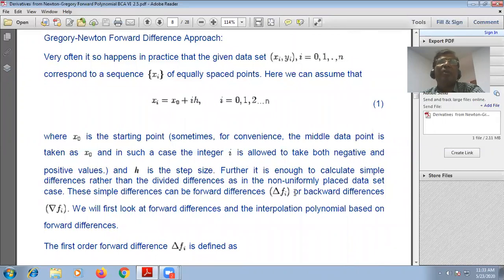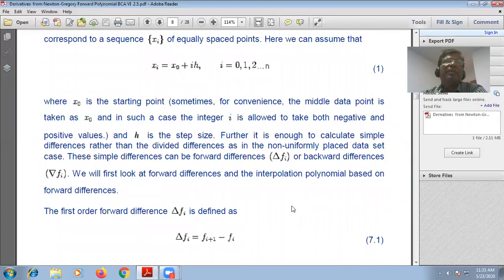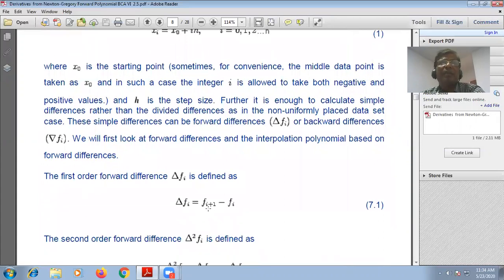I have already told you that you should revise forward and backward differences. We will first look at the forward difference and the interpolation polynomial based on it.